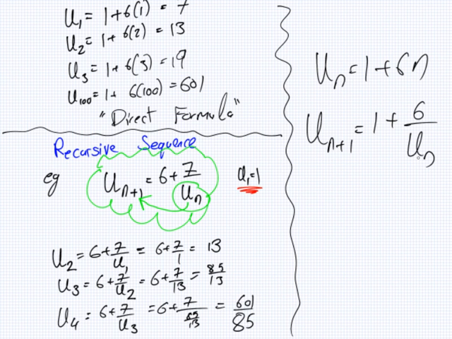You can only know the 99th if you know the 98th, and so on, down until you get back to the first term, which I should tell you. So the big difference is that with the direct formula you can jump to any part in the sequence, but with the recursive, you're only allowed to jump one space at a time.